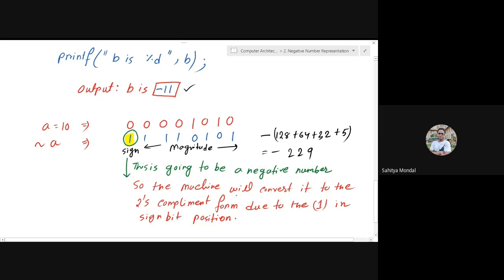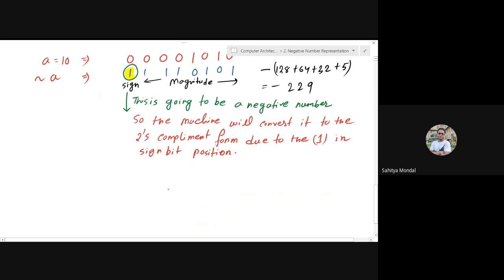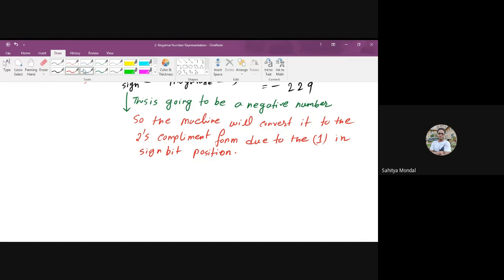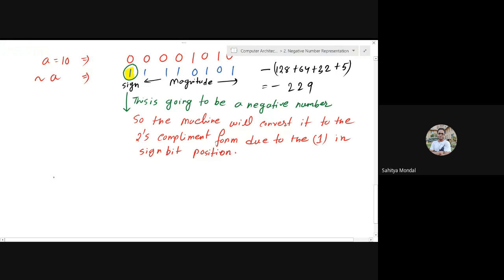So it will convert the 2's complement of the negation number.